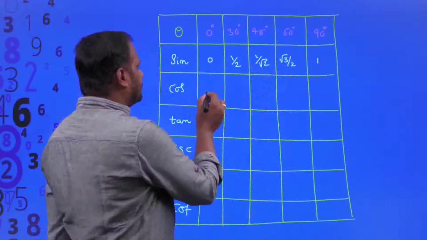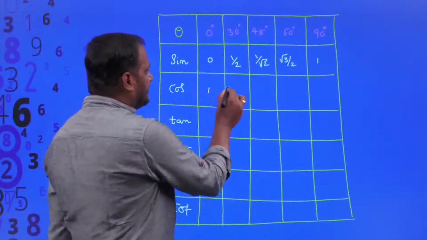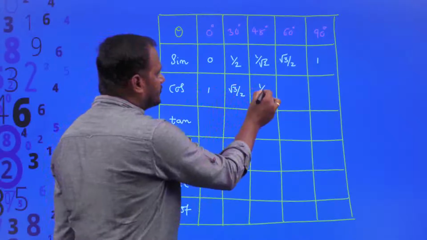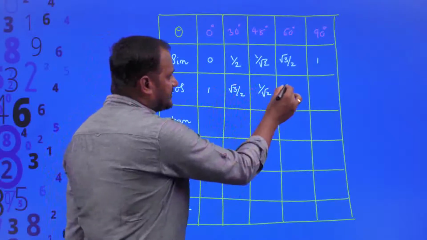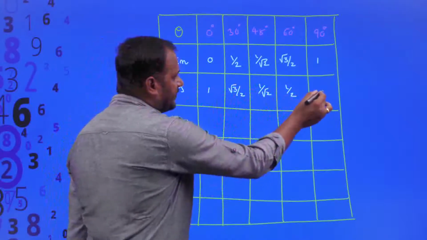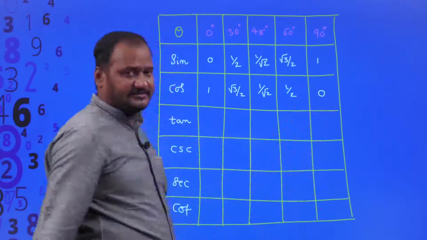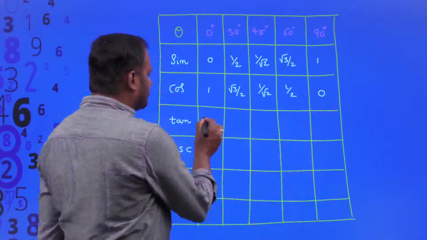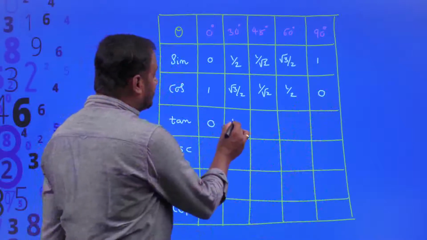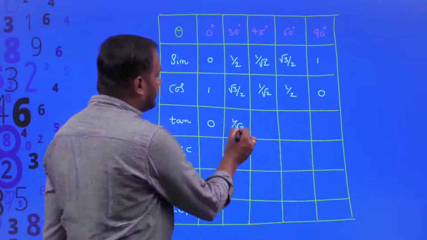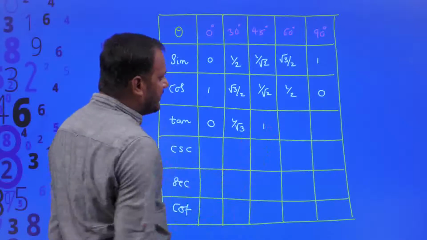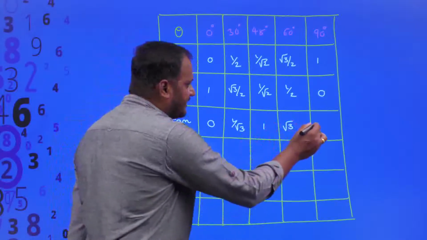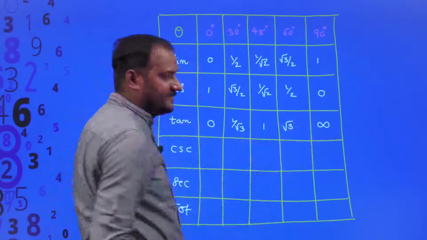And cos 0 is equal to 1, cos 30 is equal to root 3 by 2, cos 45 equals 1 by root 2, cos 60 is 1 by 2, and cos 90 equals 0. Coming to tan 0 is equal to 0, tan 30 is equal to 1 by root 3, and tan 45 is equal to 1, and tan 60 is equal to root 3, and tan 90 is equal to undefined.